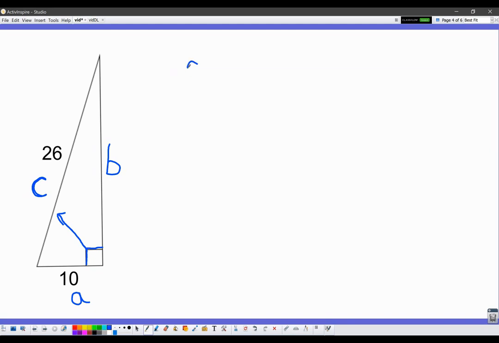I'm still going to start off by writing out my Pythagorean theorem. A squared plus B squared equals C squared. I'm going to substitute in my numbers. A is 10. So I have 10 squared. B is unknown. I don't know what B is. So I'll leave that as B. And then C is 26.